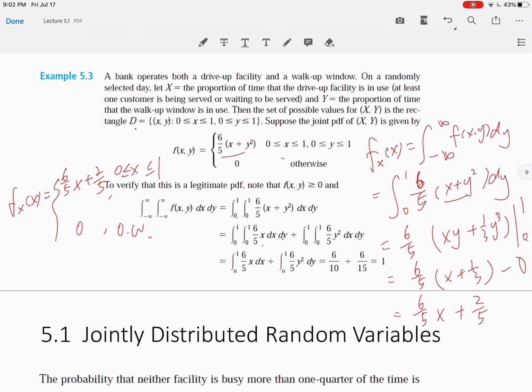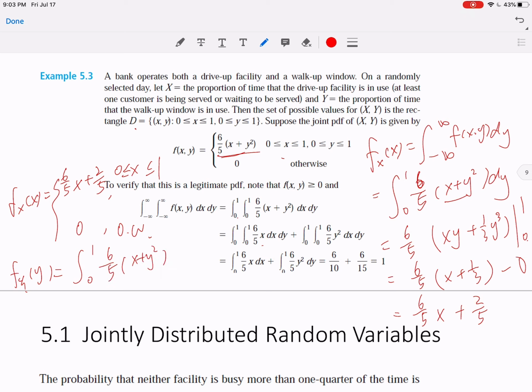PDF of x. If you want to find the marginal PDF of y, just do the same thing, but the only difference is you integrate the joint PDF over x, since the interval of x is 0 to 1 as well. So it's 6 over 5 times (x plus y squared), and then dx.